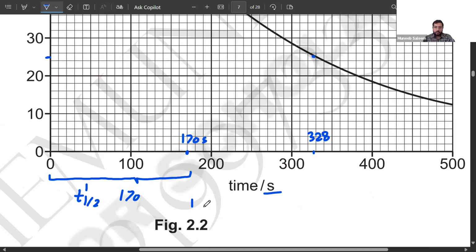The half-life starting from here, because this is the time when I got the remaining 50% of the amount, will give me 328 minus 170. The answer is equal to 158 seconds.